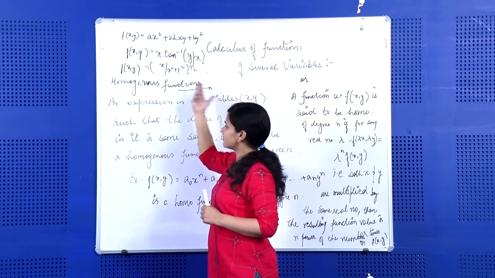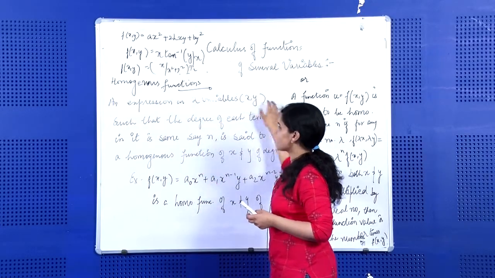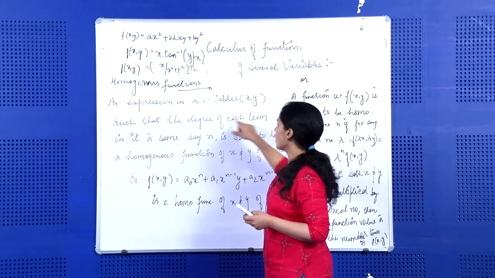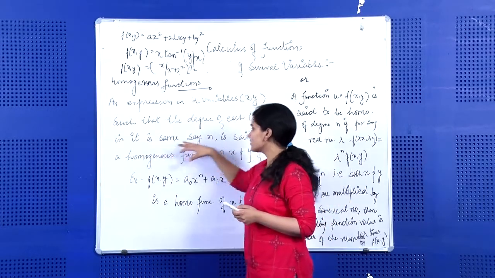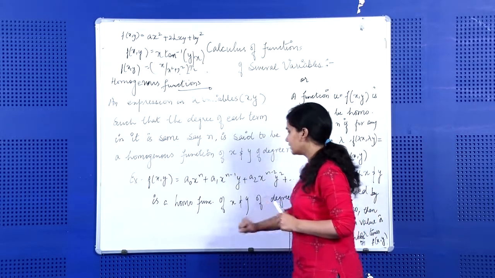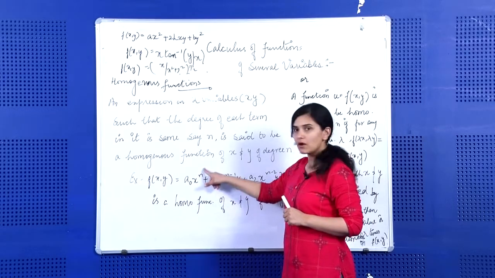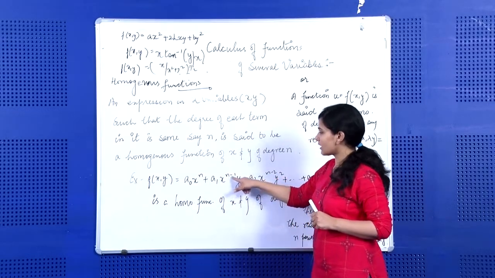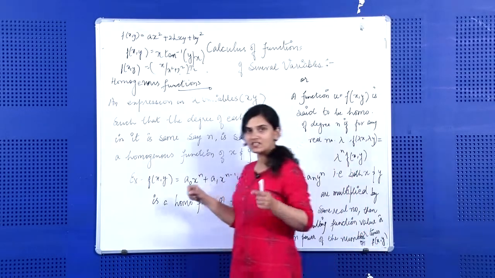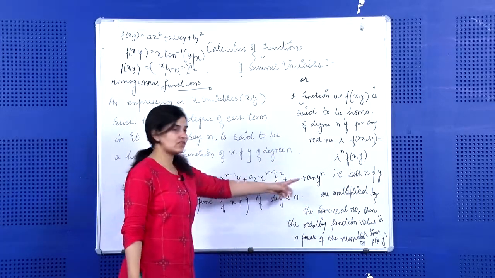We can define it as an expression in two variables x, y, such that the degree of each term in it is the same, say n, then it is said to be a homogeneous function. For example, if this is our f of x y, a0 x to the power n plus a1 x to the power n minus 1 into y plus a2 x to the power n minus 2 into y square and so on.